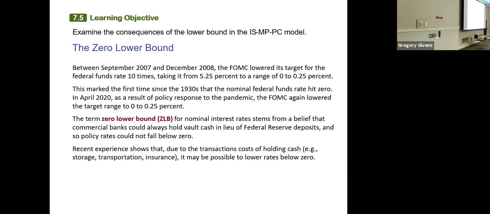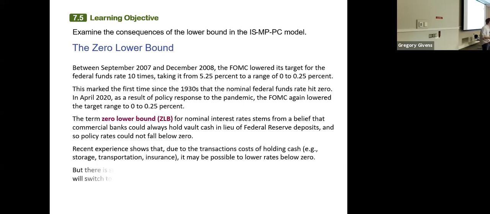Then you have to physically transport cash from one bank to the next via armored truck. Okay, so there are various transportation costs, insurance costs, and what I'll just generally call storage costs, which actually might be big enough to induce banks to pay the Fed for the privilege of depositing reserves with the Fed.